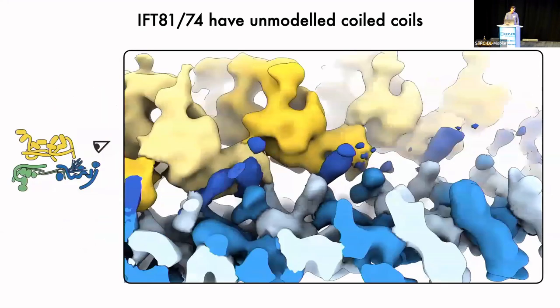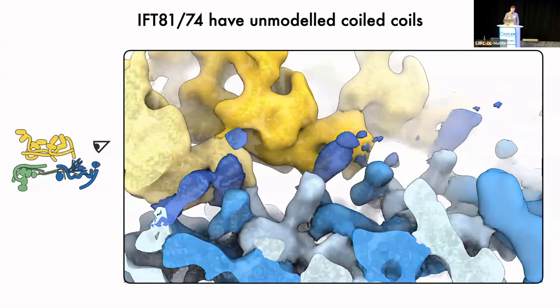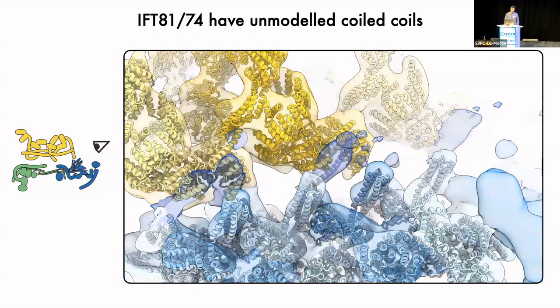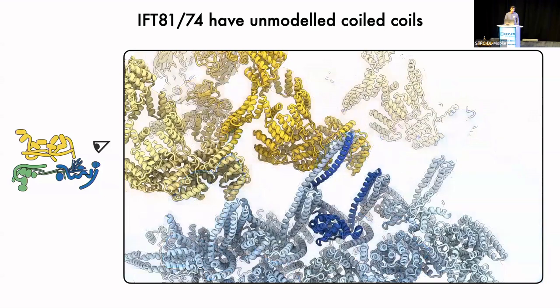When we look back at our density and fit everything in, this extra density corresponds very nicely in size, shape and location to the 5th coil of IFT81/74. Because it's a segmented coil, it has hinges between coil segments, so this allows it to adopt all these different conformations to keep IFTA on top of IFTB.